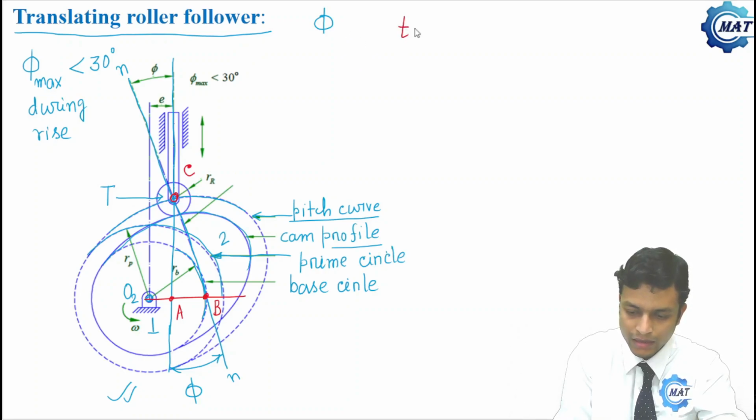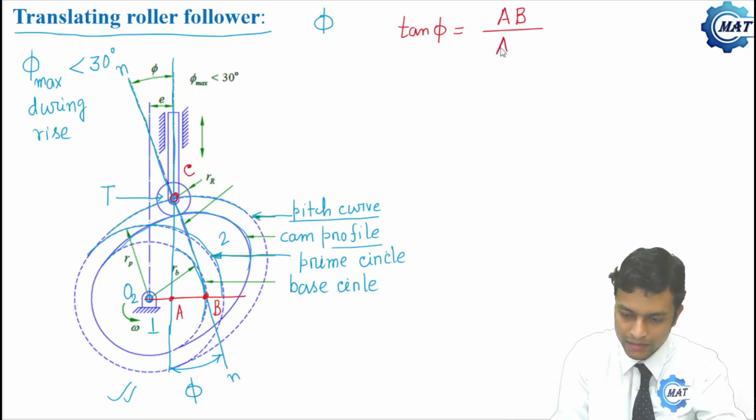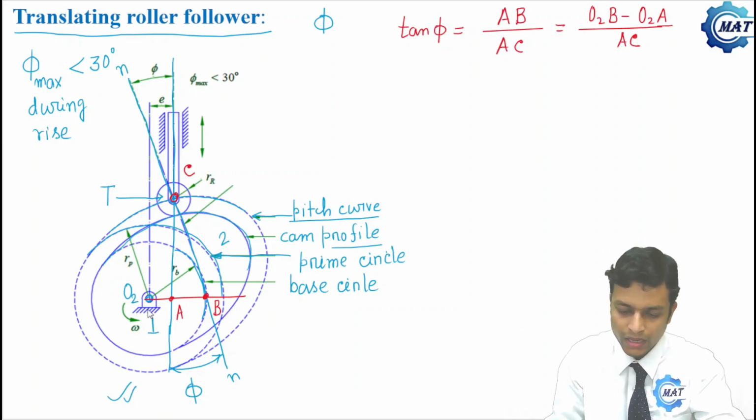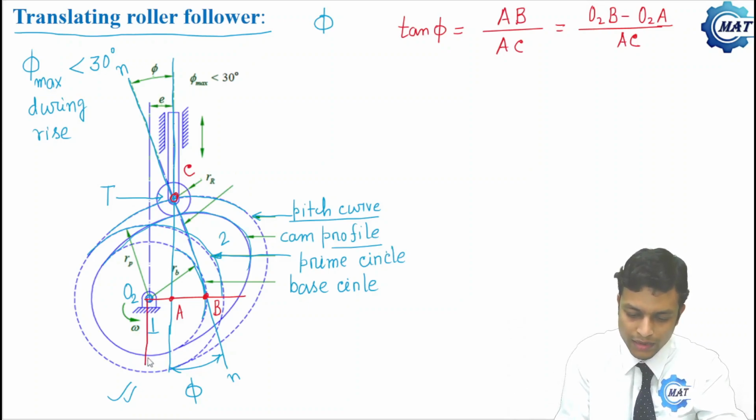Tan of phi is AB by AC. That we can write as O2B minus O2A divided by AC.